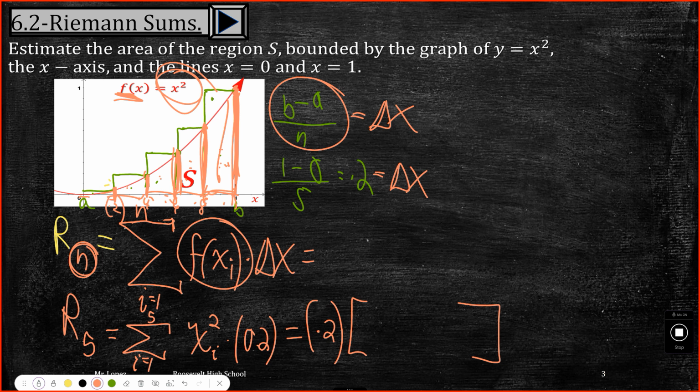That's what goes here. It's going to be 0.2 squared plus 0.4 squared plus 0.6 squared plus 0.8 squared plus 1 squared.